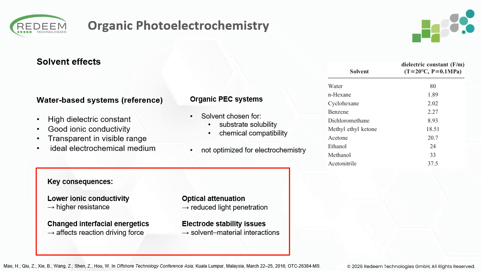Secondly, changing the solvent also changes the interfacial energetics at the electrode surface, so double layer properties, adsorption behavior, and reaction kinetics all become solvent dependent, meaning that electrode performance can change dramatically simply by changing the reaction medium. And third, many organic solvents are also not optically inert. They may absorb light themselves or become colored during the reaction, and this reduces photon penetration to the photoelectrode. Solvent compatibility now becomes a major design consideration.